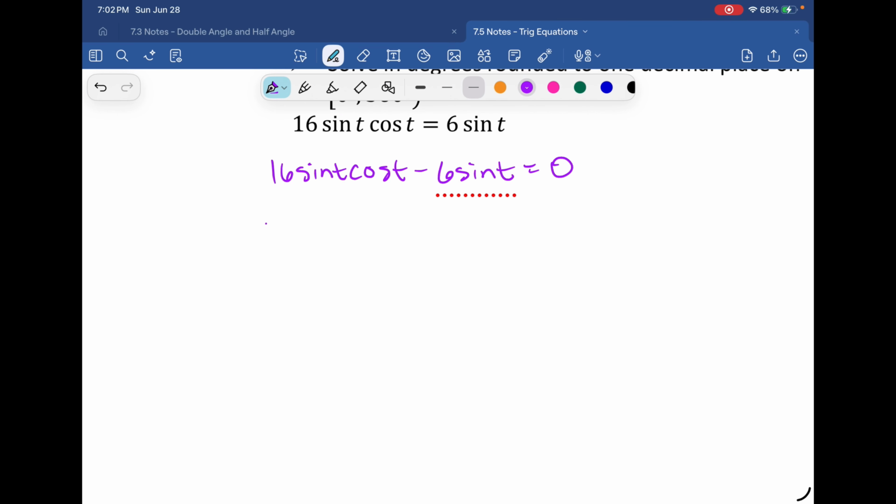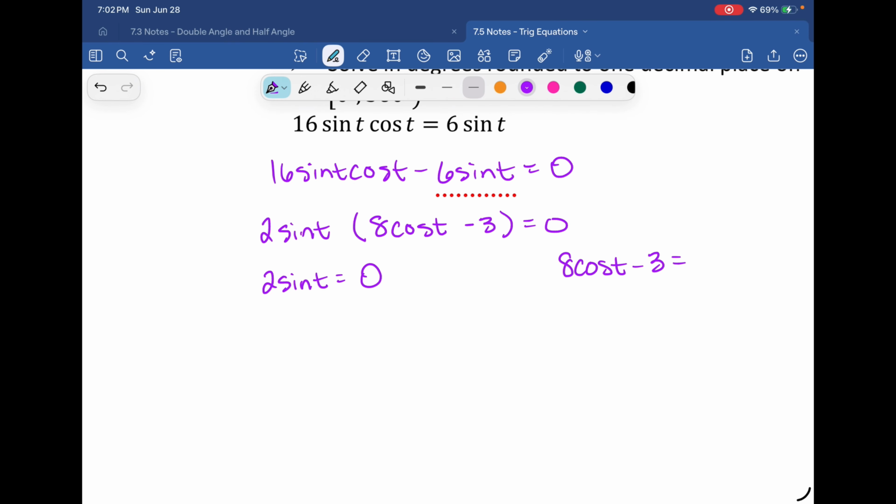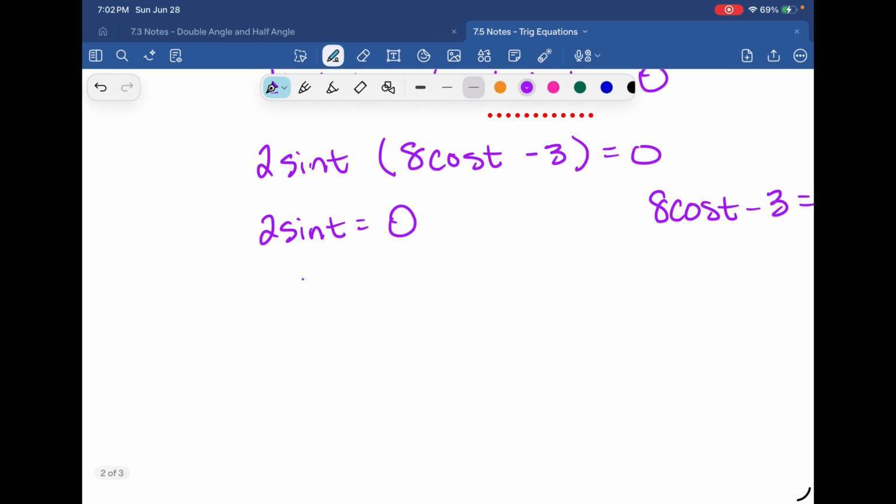The GCF here is going to actually be 2 sine. So I'm going to have 8 cosine t minus 3. And just like a quadratic, I can set each of these factors equal to 0. So divide by 2.